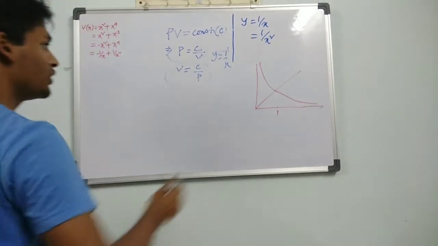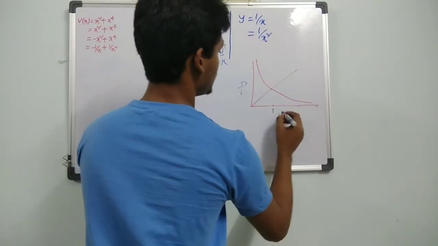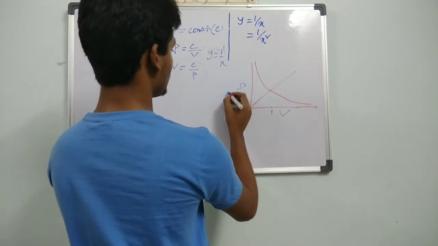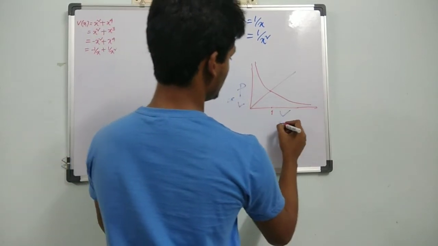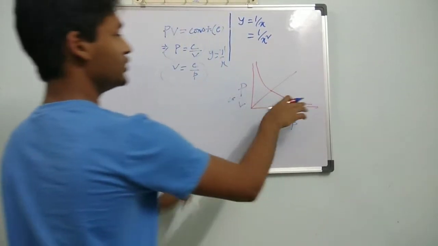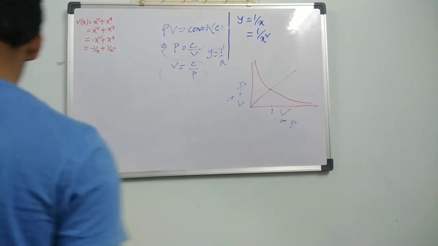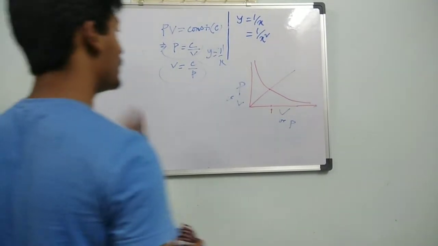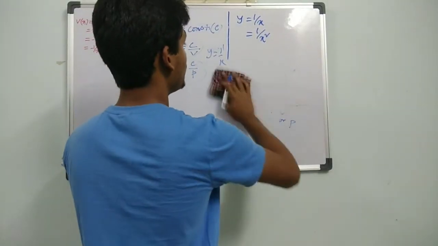So in both cases, you will get this plot. This P to V or V to P, you will end up with this plot. This is a very known function.